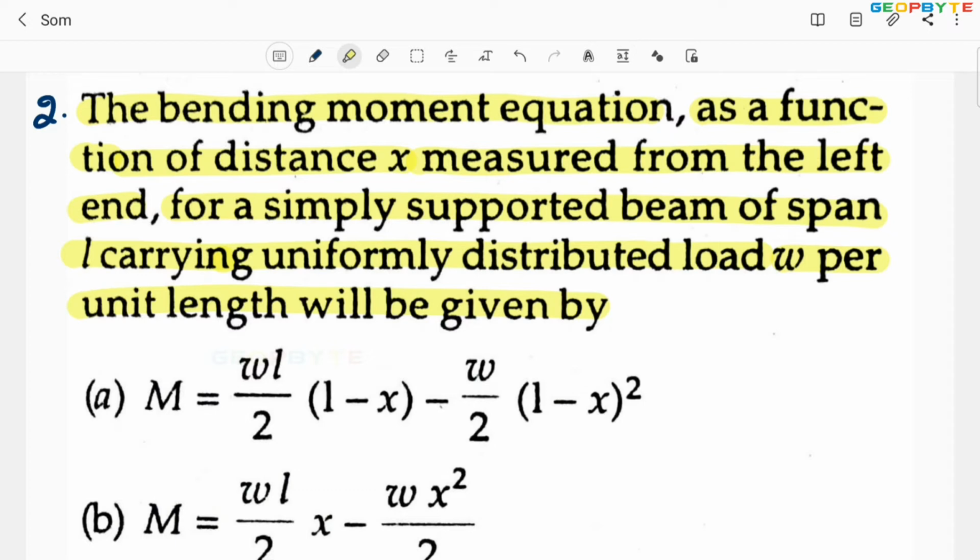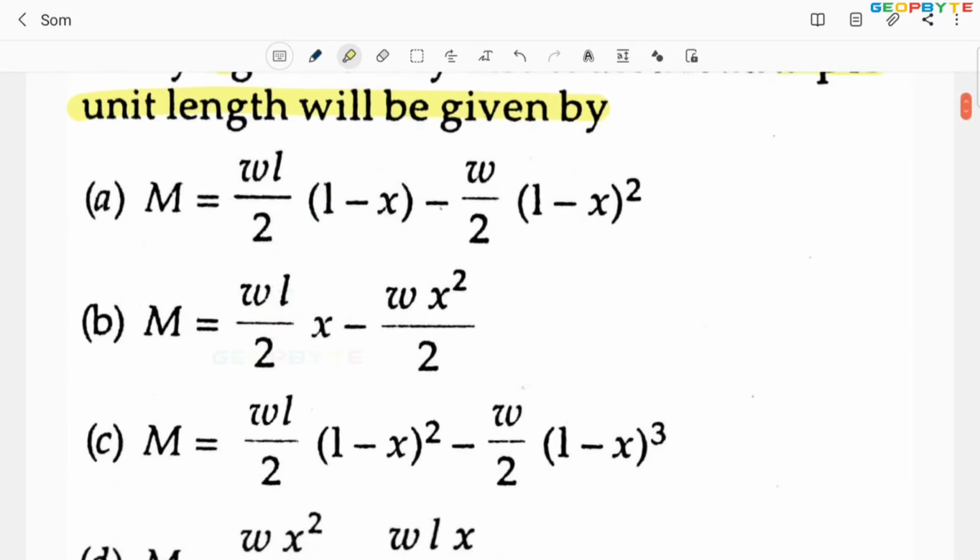So the problem is for a simply supported beam, but it is carrying a uniformly distributed load W per unit length. You are asked to find the bending moment at a distance of x. What is the bending moment at a distance of x?